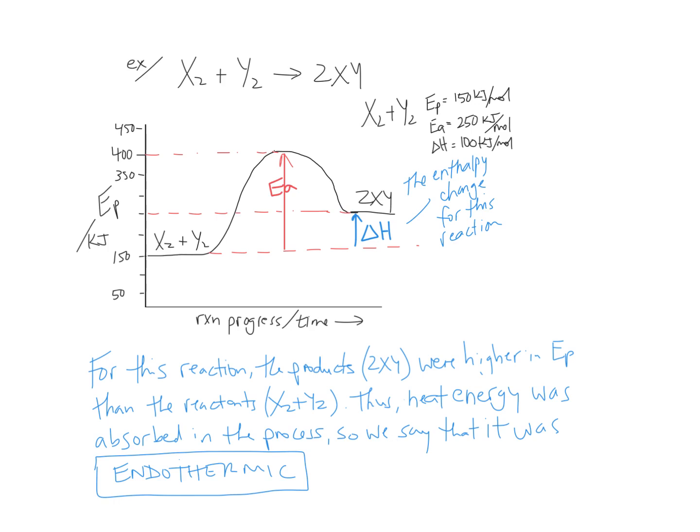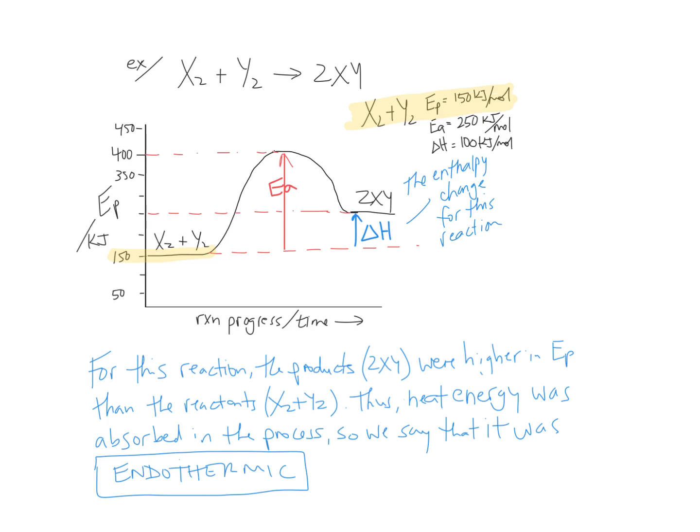So as you can see, the initial potential energy of the reactants X2 and Y2 would be right here. So we see that their initial potential energy is 150 kilojoules per mole. So we start them right here at 150 kilojoules per mole.